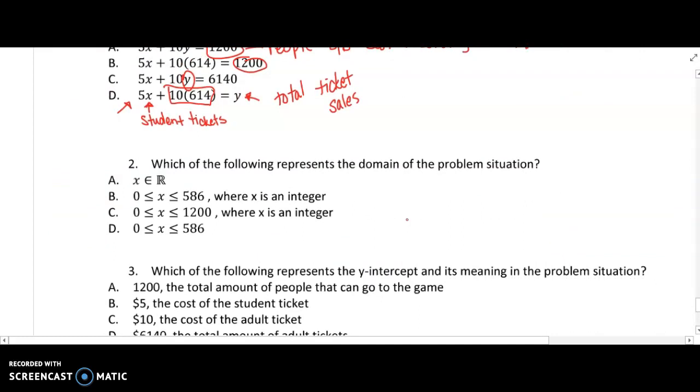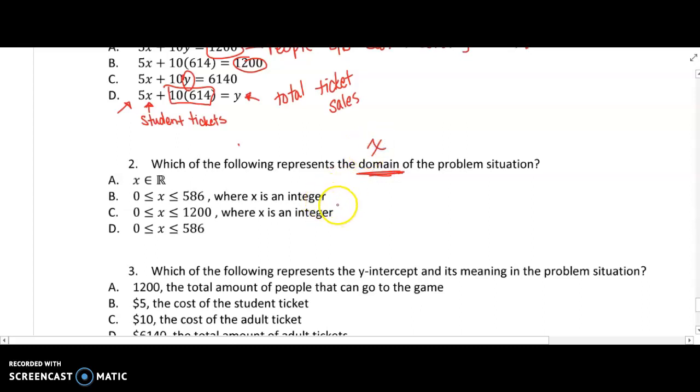All right, number 2, which of the following represents the domain of the problem situation? Okay, so notice these are inequalities, but there is a qualifying statement here. It says where X is an integer. Okay, we want to know what the domain is. The domain is your X values, right?